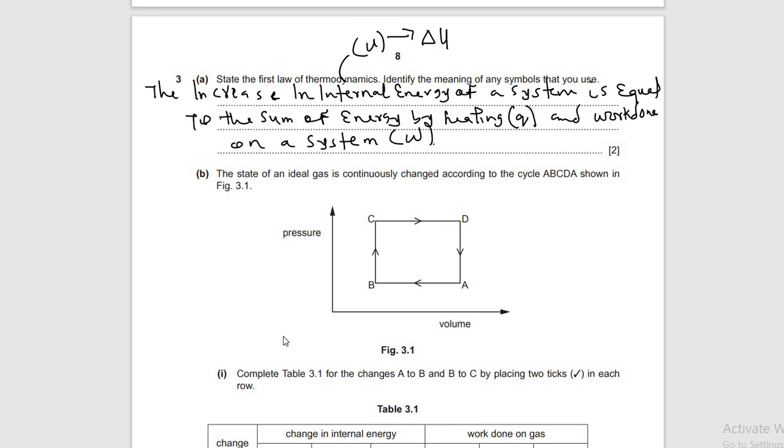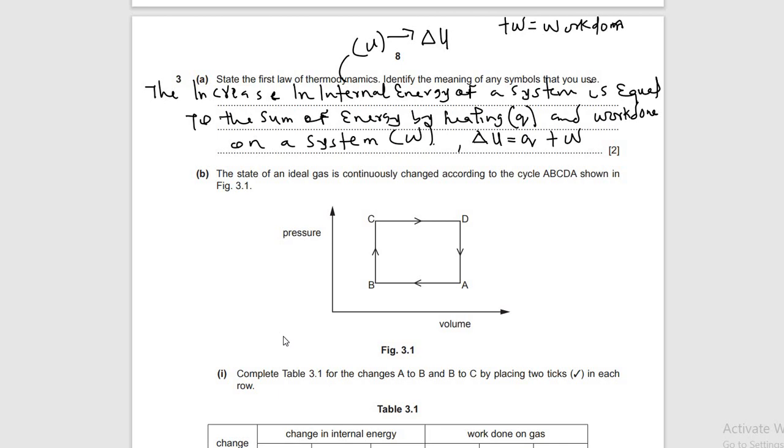So which means it's like this. ΔU equals Q plus W. I already said the meaning from the law. Remember that it's key for us to know that plus W is work done on a system.